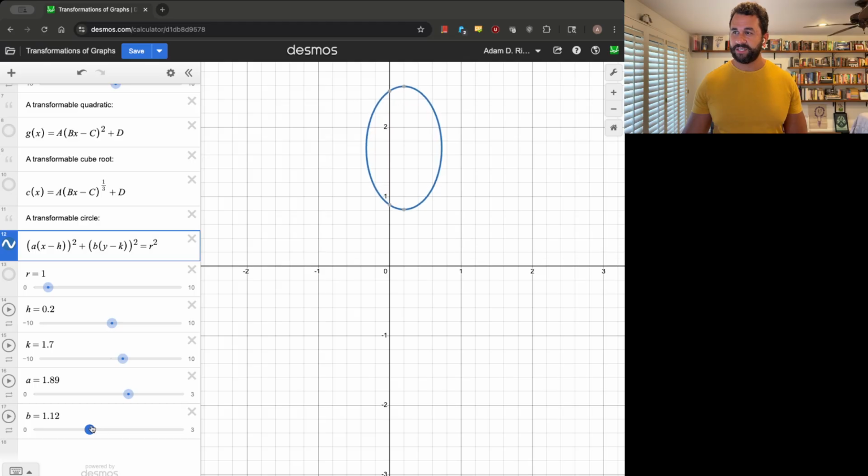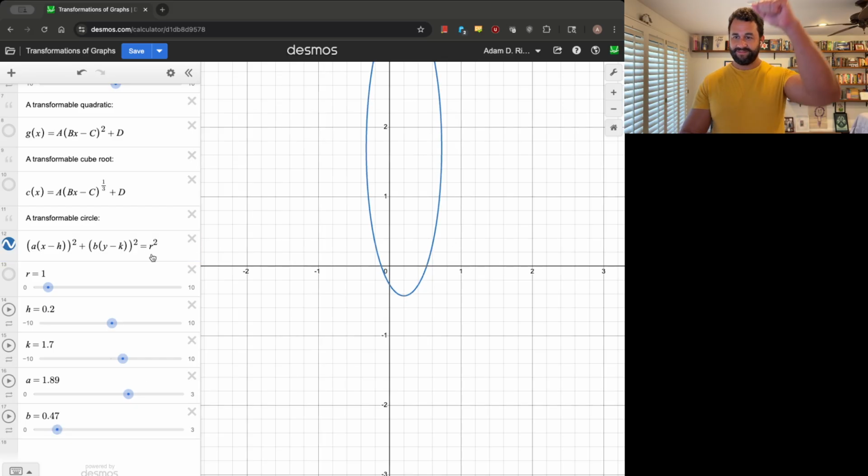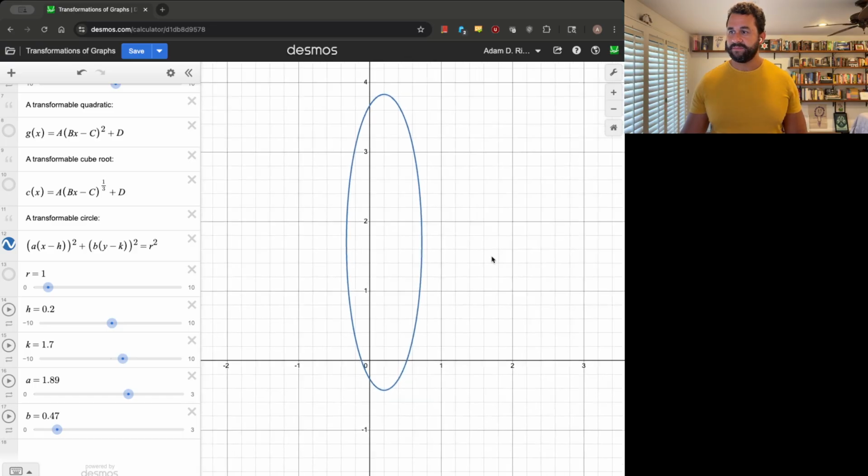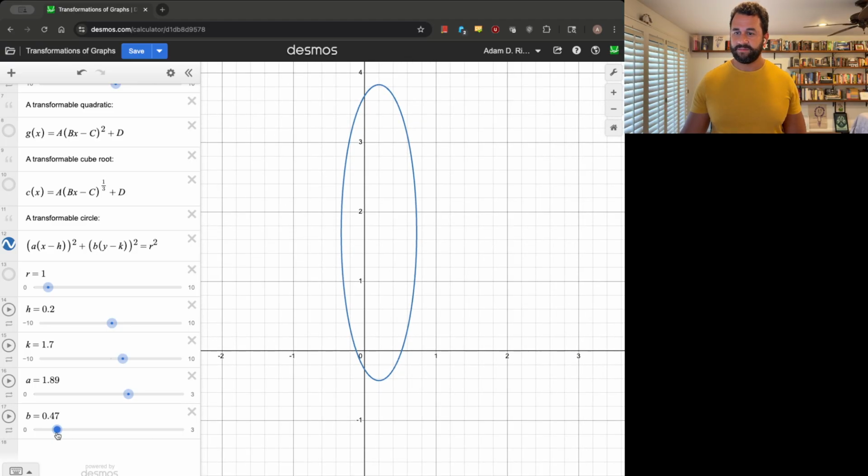Or I can stretch it out like that. Stretch it out really far. If B is very tiny, there we go. Stretching, just like that. Cool stuff. So again, you can mess around with this on your own. There's a lot of different examples in here. We can talk more about it in class, and we will definitely do it during the activity.